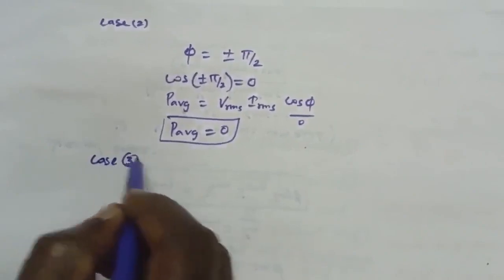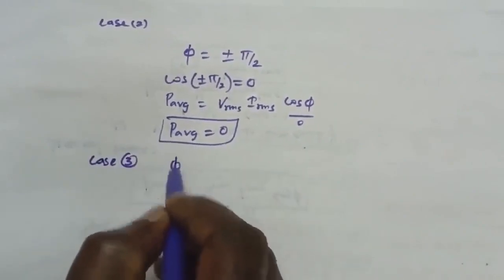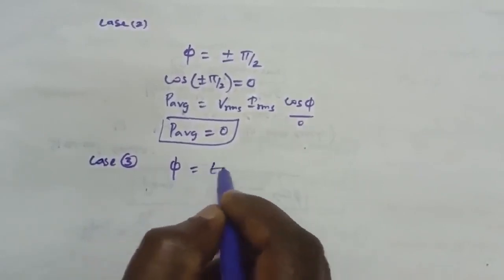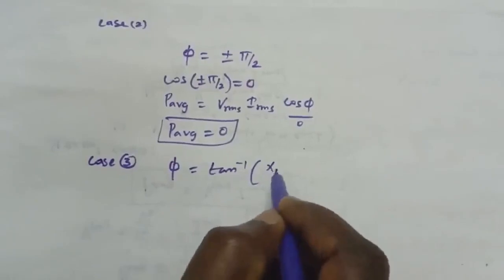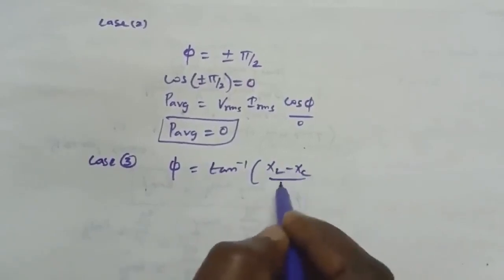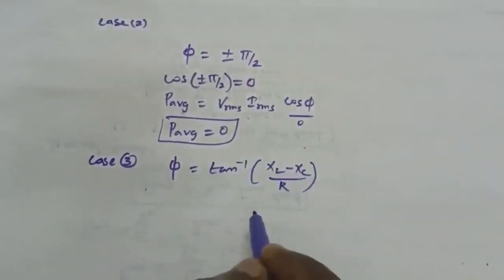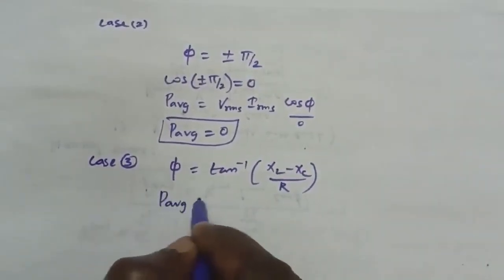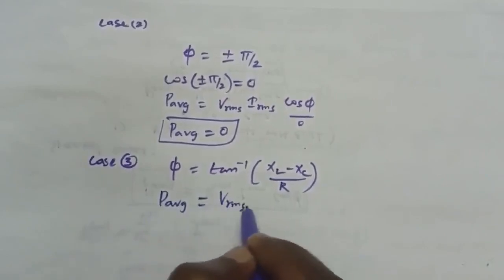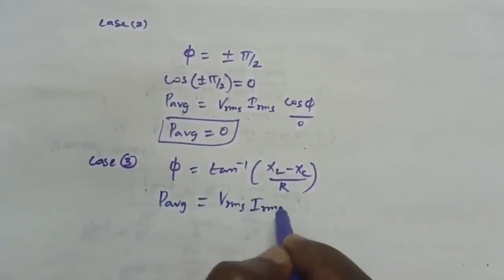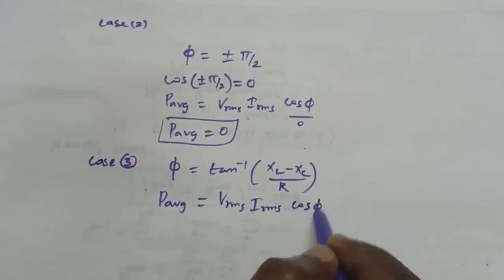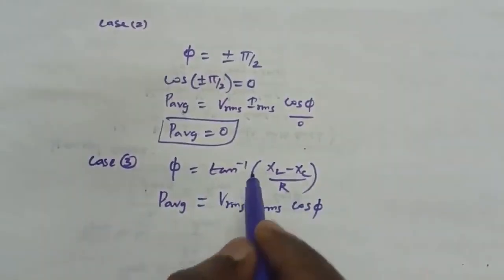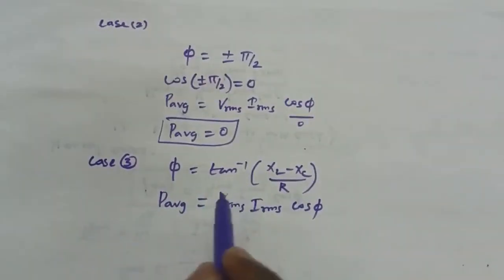Therefore phi is equal to tan inverse of (XL minus XC) by R. Now substitute here in the power average: P average is equal to Vrms into Irms into cos phi, for the series RLC circuit with phase angle phi.